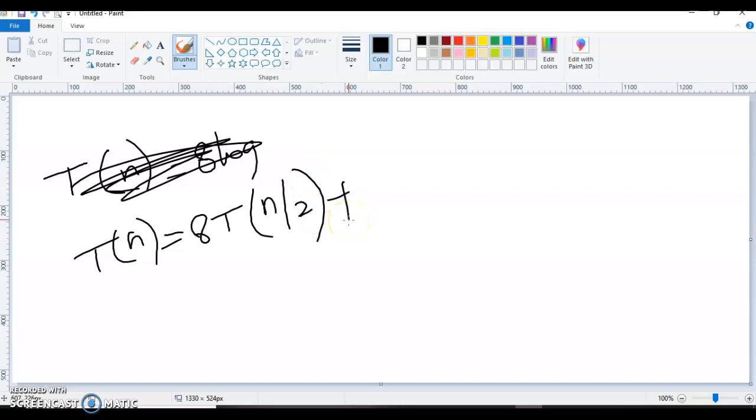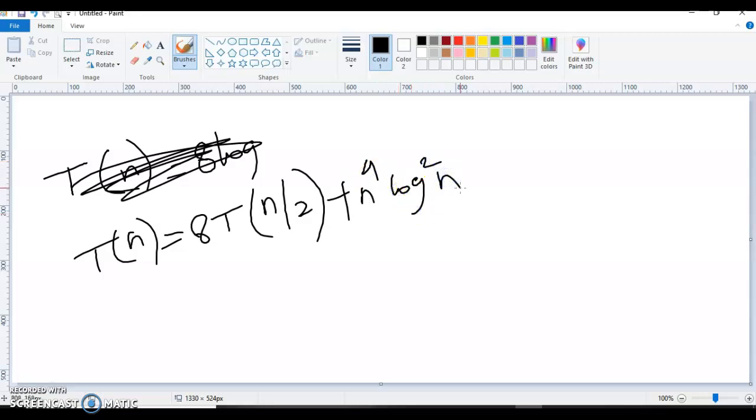So as you know, we're gonna get the log a to the base b value as 3. So I'm gonna take a greater value than this in the next term. So it's gonna be n power 4 log square n.